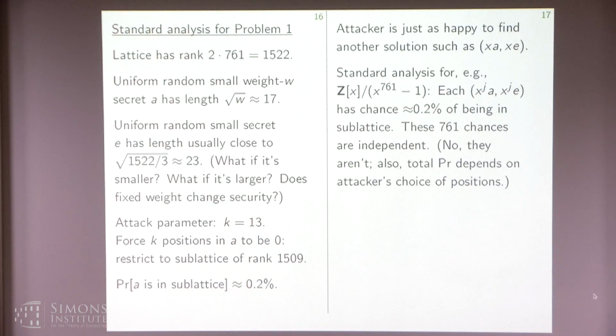So the standard analysis: you have this probability of 0.2% of being in this lattice where you have forced some of the positions to be 0. And then can we just repeat this with different choices? We have tried this 5 times, do we now get 1% probability? Let's just assume that they are, but in this case it's less a question, it's more like a comment.